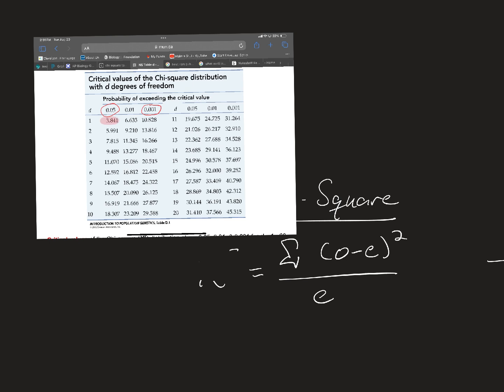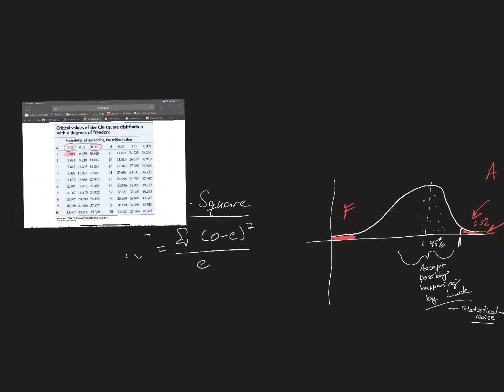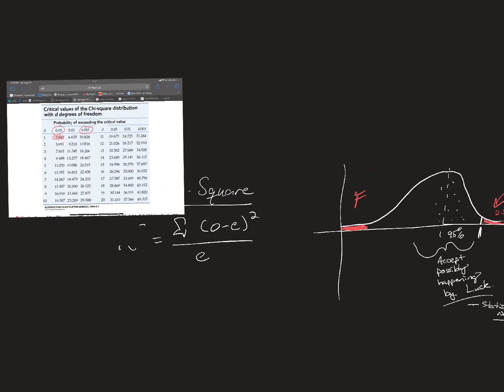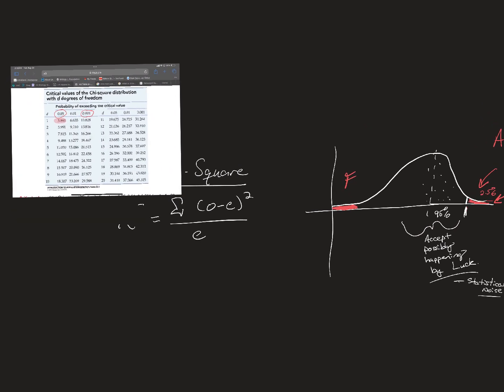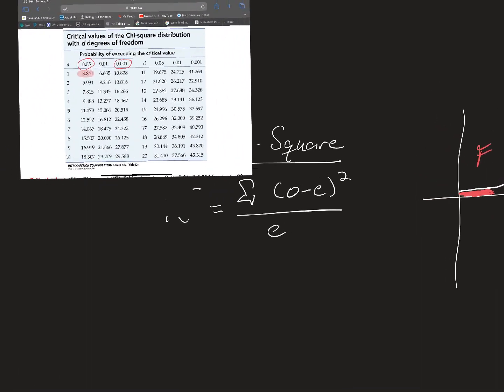What if our number ended up at 4? We reject what? At 4, so it's higher. So what does that mean if you think about it?